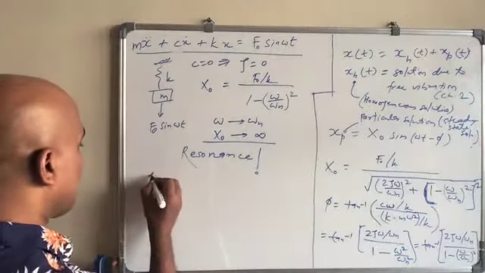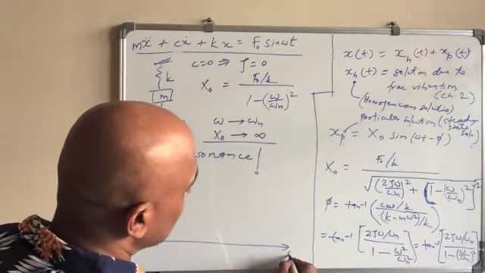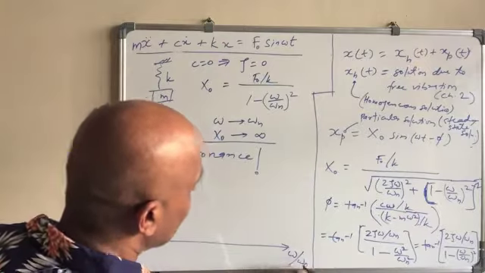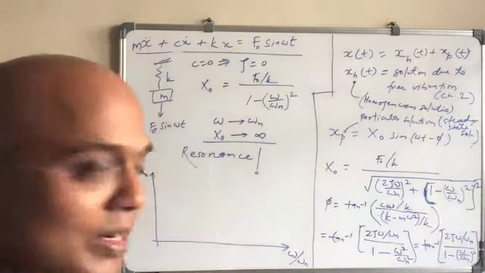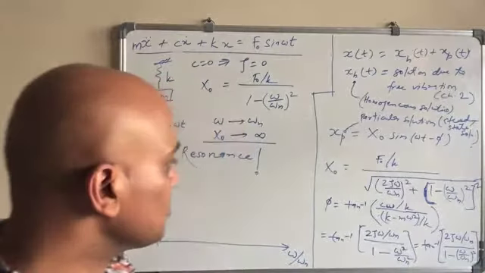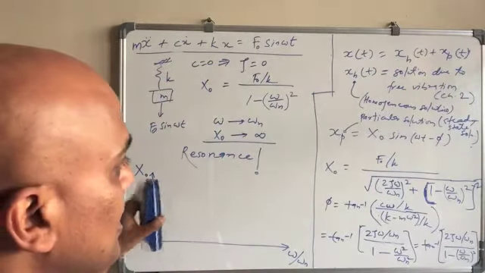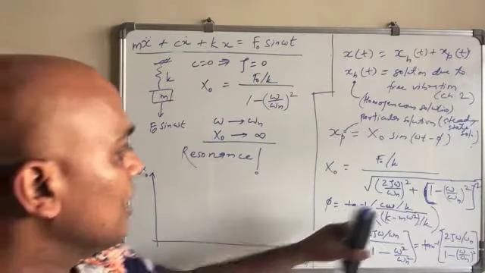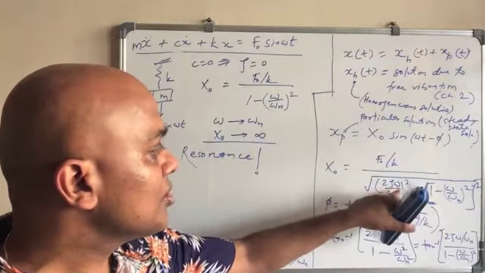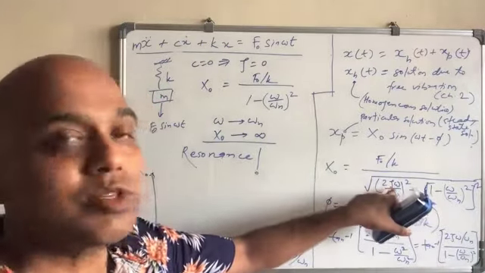So how will it look? Let us say you have omega over omega n here, and the x naught term here. Then what happens? We start with the condition zeta equal to 0.